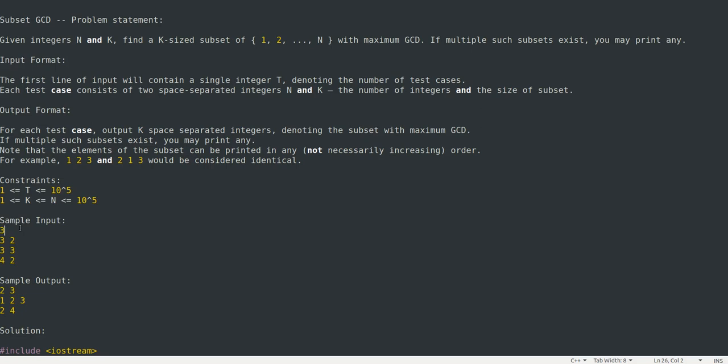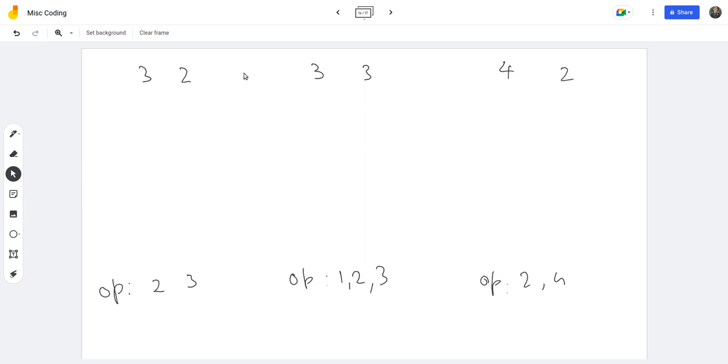For each of them, they have given the output as 2 3, 1 2 3, and for the third one it's 2 4. So these are the k sized subsets for the above test cases. Now let us go to the whiteboard and see how they came up with this answer.